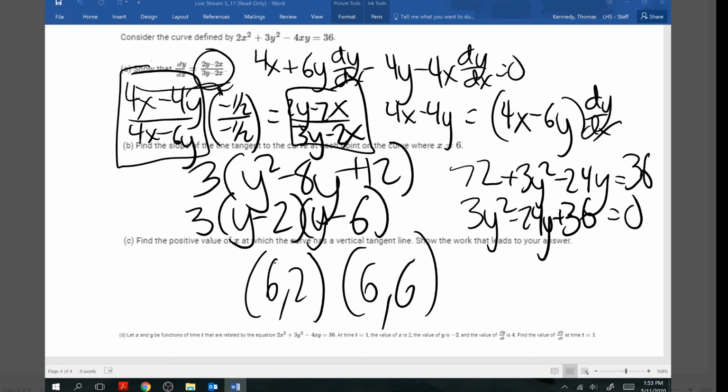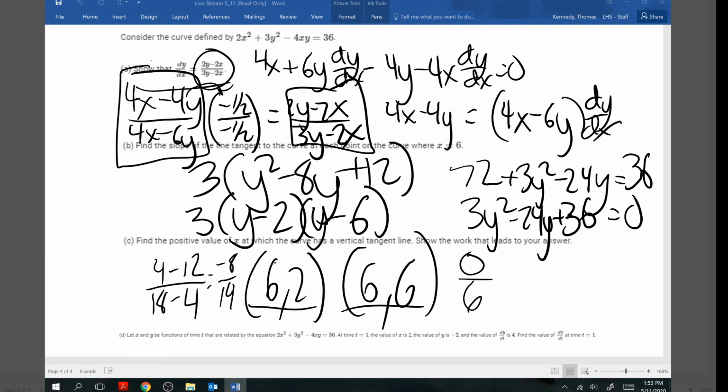So now that I have the 2 points that my graph goes through, now I can figure out the slope at each of these points. At 6 comma 2, my slope is 4 minus 12 over 18 minus 4, which is negative 8 over 14. And if I plug in 6 comma 6, I get 0 over 6. Well, that was actually a lot easier than the first one.